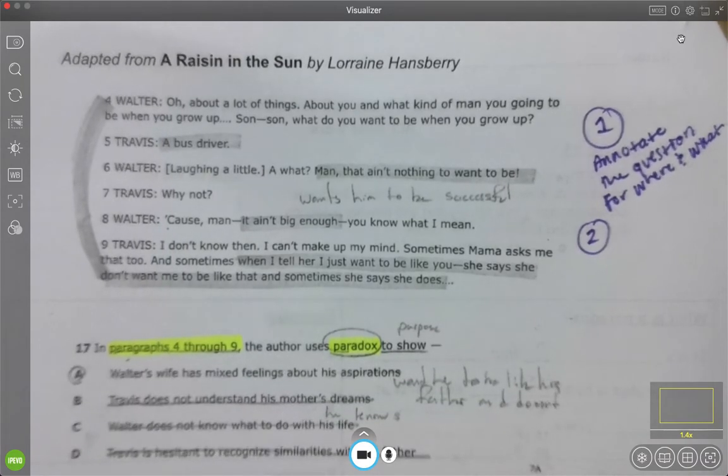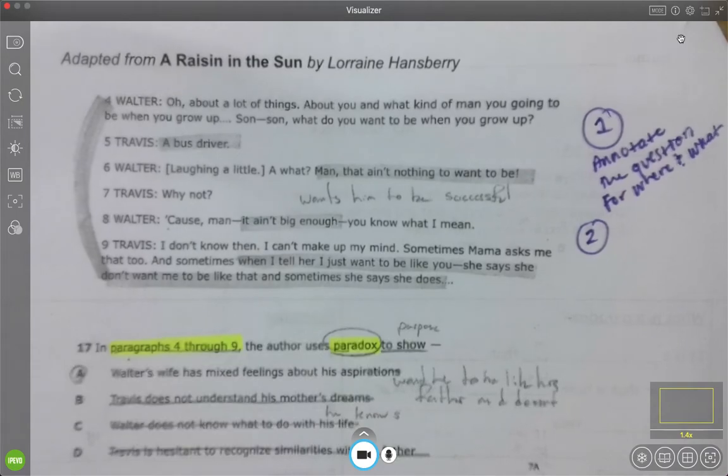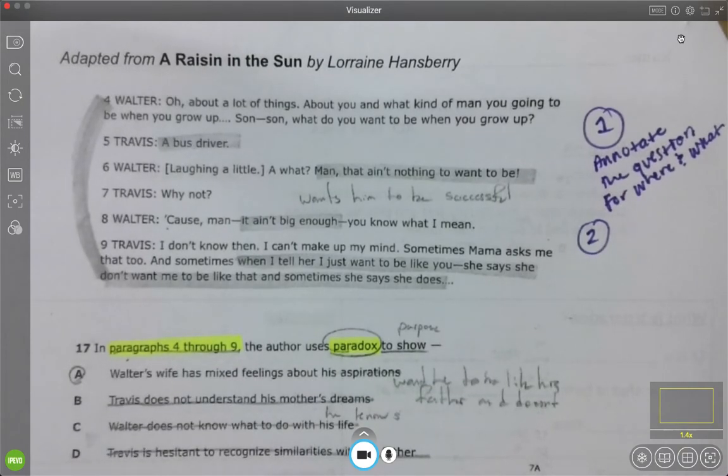Why not? 'Cause, man, it ain't big enough. You know what I mean? I don't know then. I can't make up my mind. Sometimes Mama asks me that too. And sometimes when I tell her I want to be just like you, she says she don't want me to be like that. And sometimes she says she does.